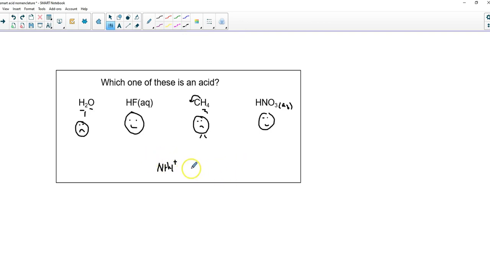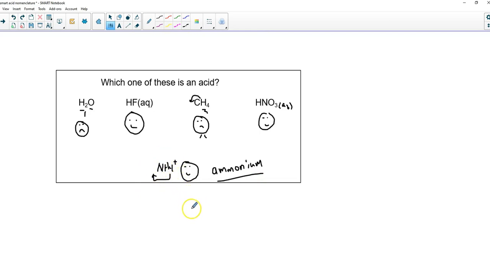Now this guy actually is acidic. You say, hold on a second, I thought the H was going to be out front. That is just an exception here. This is ammonium, and ammonium has been around forever, so we do things with it a little differently. But it's very common, and people just recognize, oh yeah, that's a weak acid.